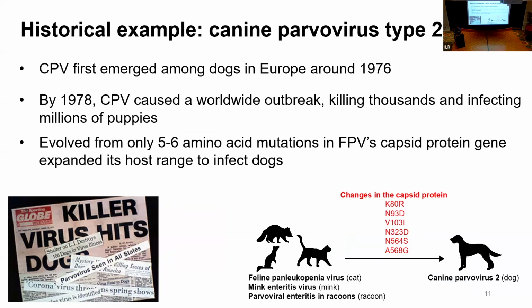It actually came from feline panleukopenia virus, which then only had these 5 to 6 changes in its capsid structure and was then able to effectively spread to canines, or dogs, as well. So, yep, these are just some reasons why we study viral capsid structure, which I think are pretty convincing reasons.